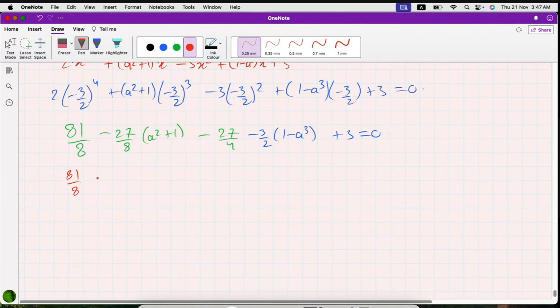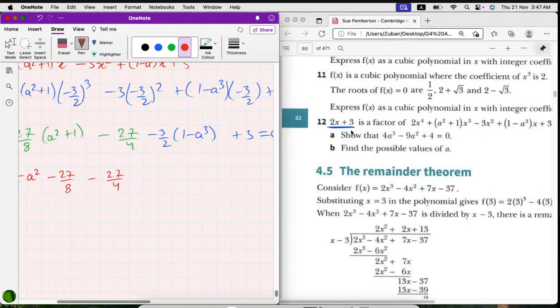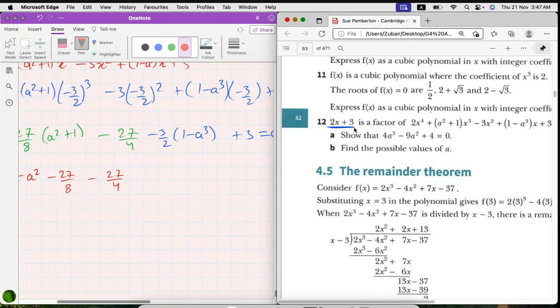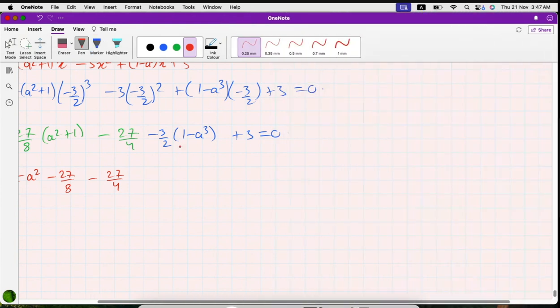81 by 8 minus 27 by 8 a square minus 27 by 8. I'm confused about why we got the minus 3 by 2 in the second step. Because the factor was 2x plus 3. When the factor is 2x plus 3, we get the value of x from here.